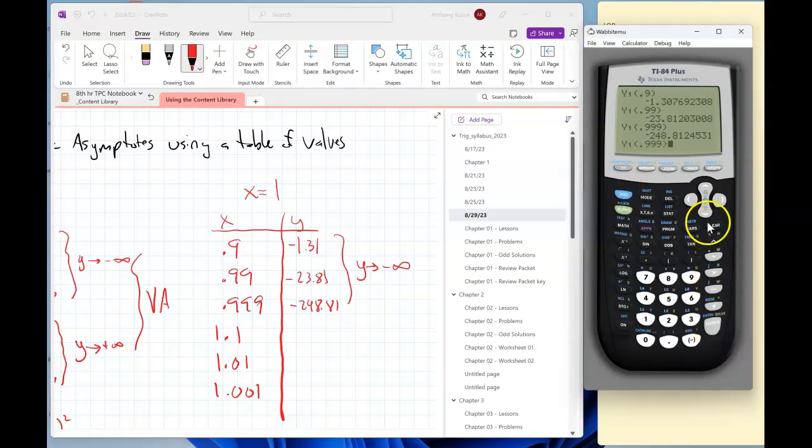Now let's do the other side. So again, second and enter, and we'll just edit what we had.